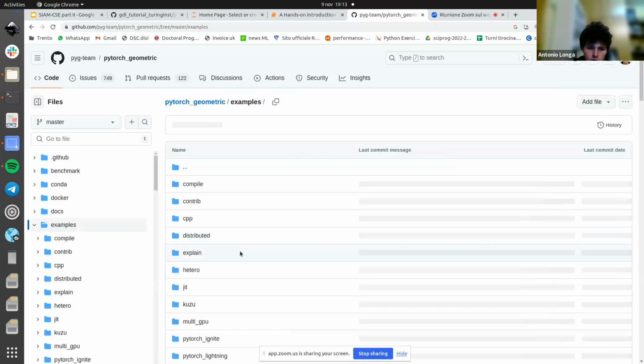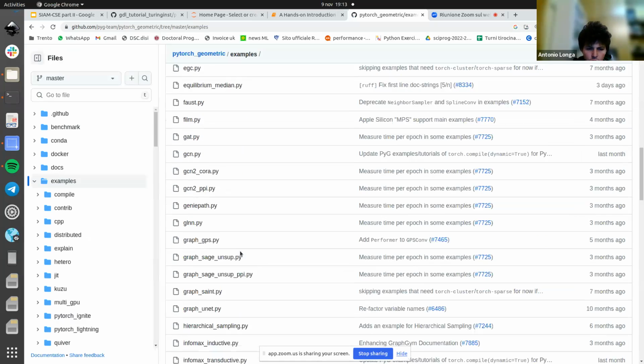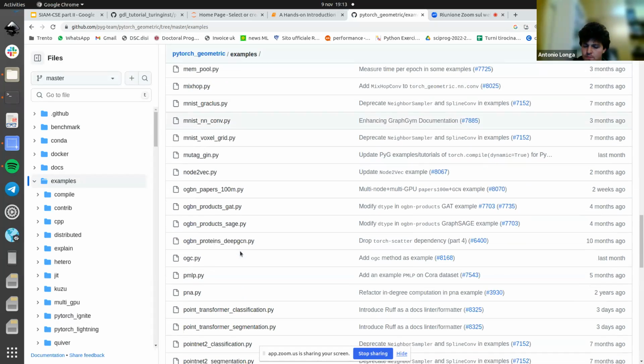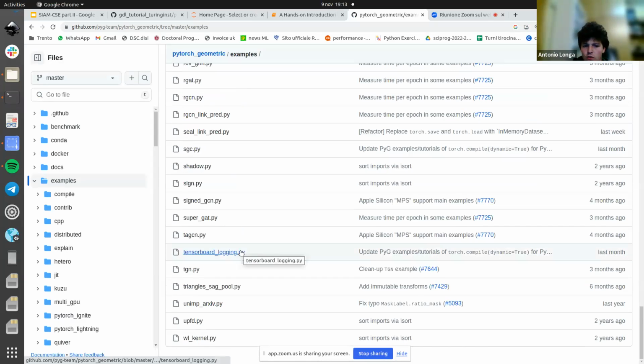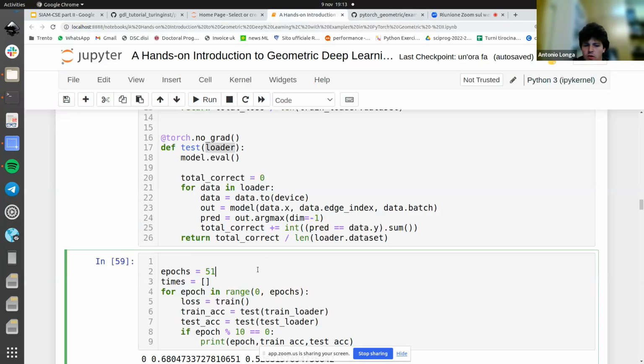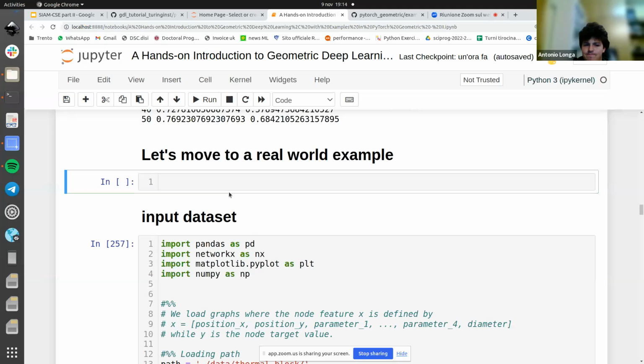There are a lot of them, and you can simply look for link prediction. As you can see, there are a lot of examples, and you can have a look if you need. But yeah, you're right. The model does not change too much.